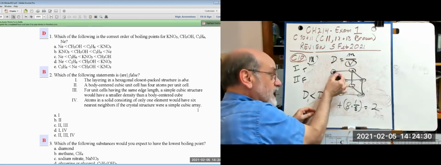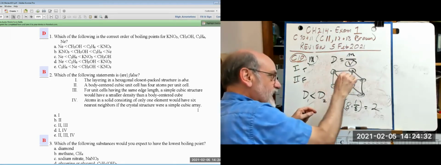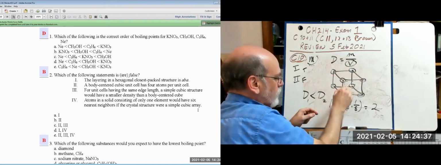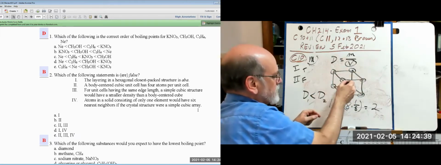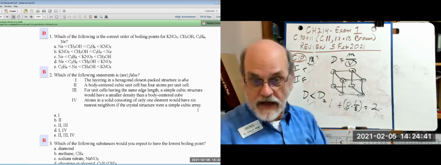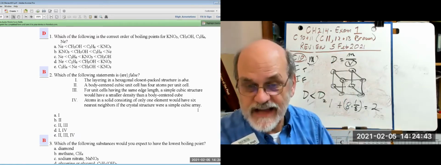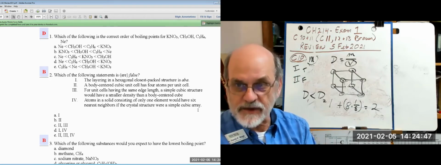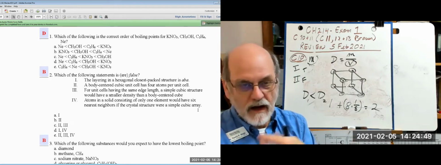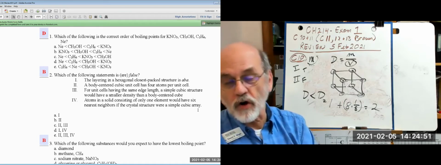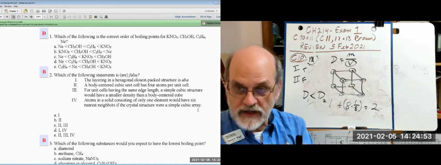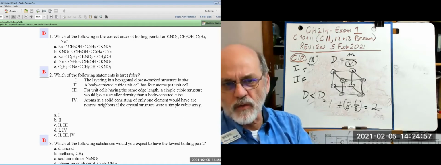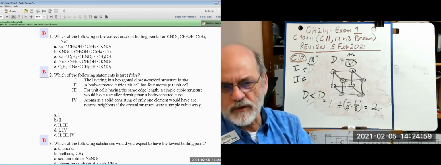Or it could be here in that crystal, or it could be out here, or it could be down there. So 1, 2, 3, 4, 5, 6. That's true. 6 nearest neighbors. Sodium chloride is an example of that. It's a simple cube. Its nearest neighbors are all chlorines or chlorides for sodium, and all sodiums for chlorides. So really the only one that's false is Roman numeral 2, which is B.